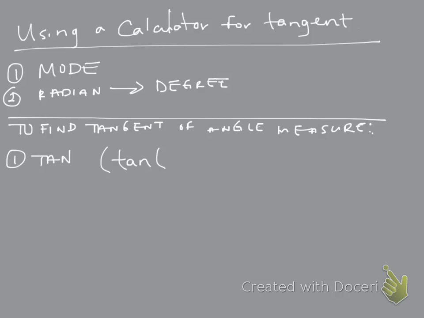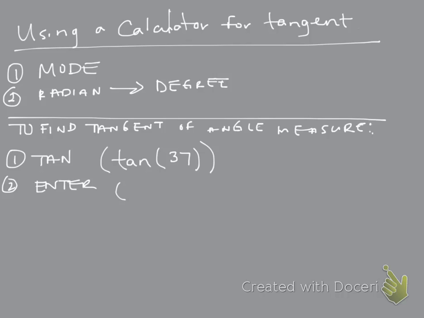If you want to find the tangent of an angle measure, you just put the angle measure in there. So we'll put 37. You can choose to close the parentheses if you want, and then hit enter.